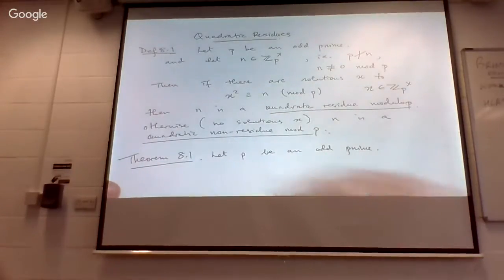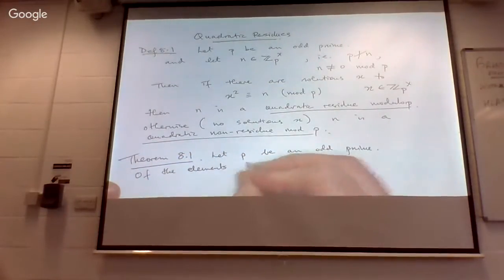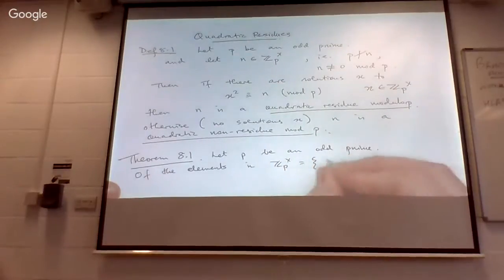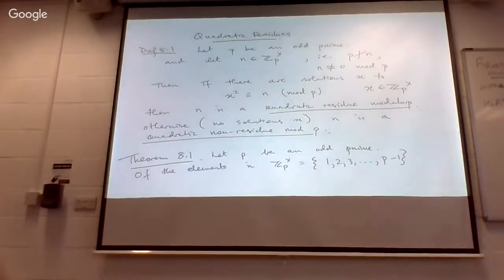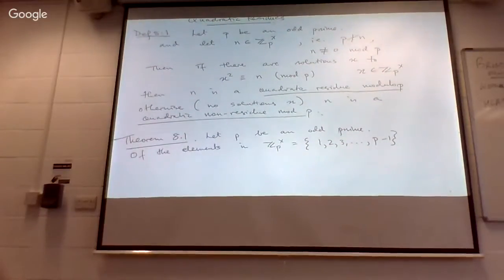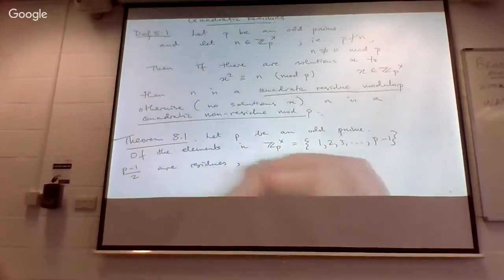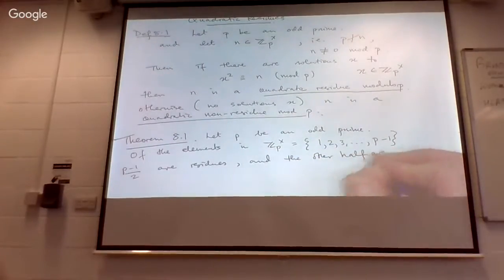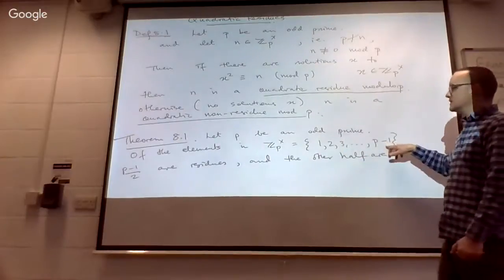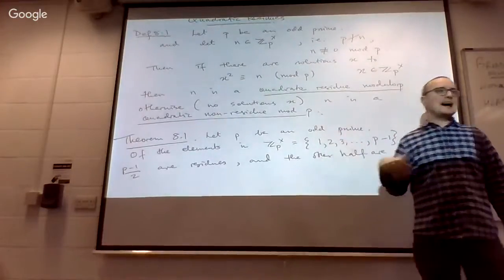Then of the elements in Z_p, remember this is all the congruence classes from 1 to p minus 1, half are residues, half are not. (p minus 1)/2 are residues, and the other half are not. p minus 1 is an even number, since p is odd, so (p minus 1)/2 is half of it.